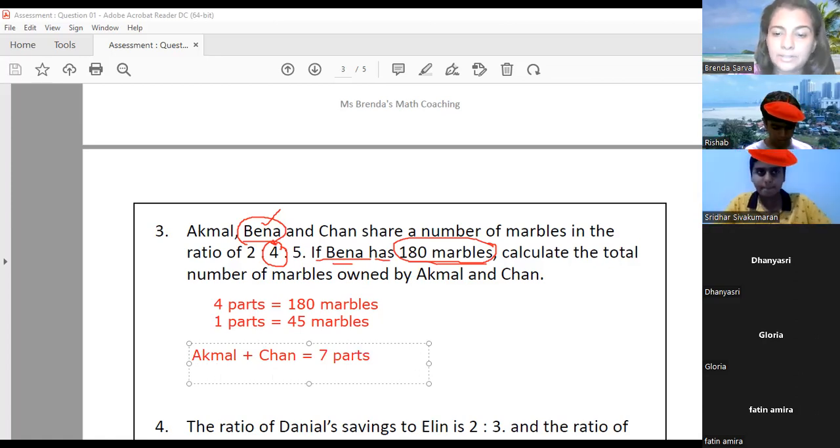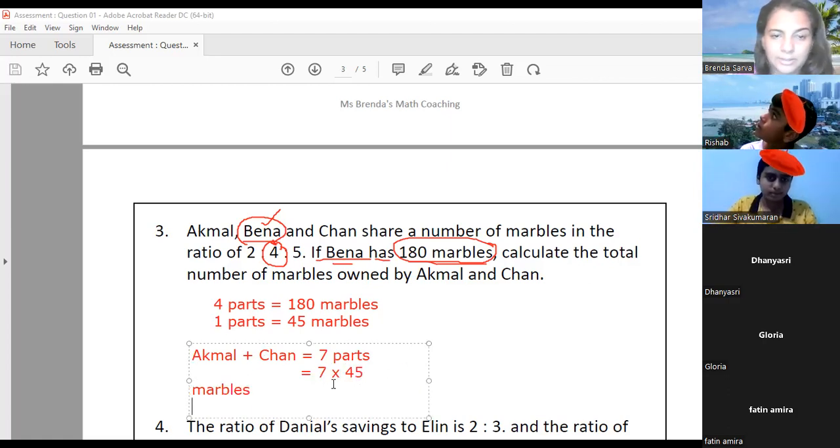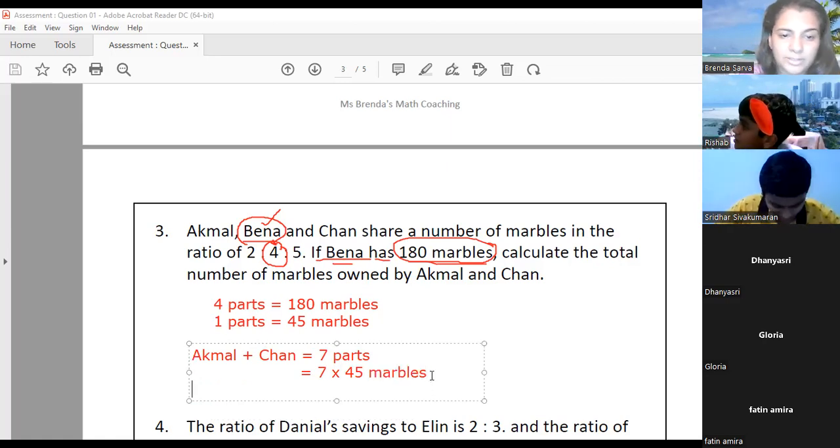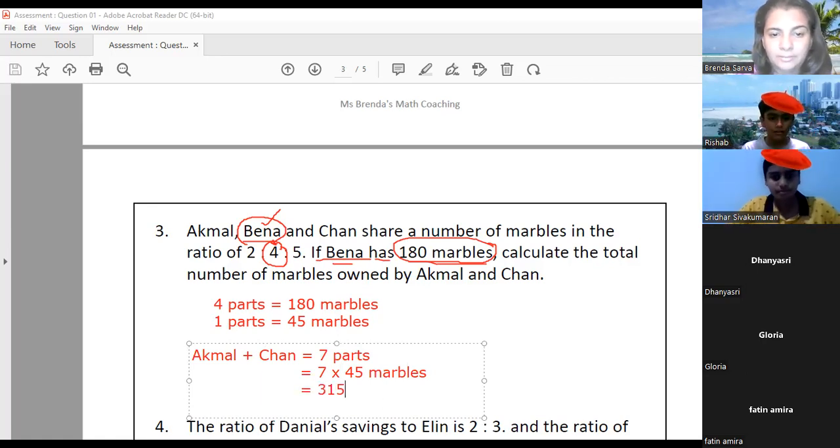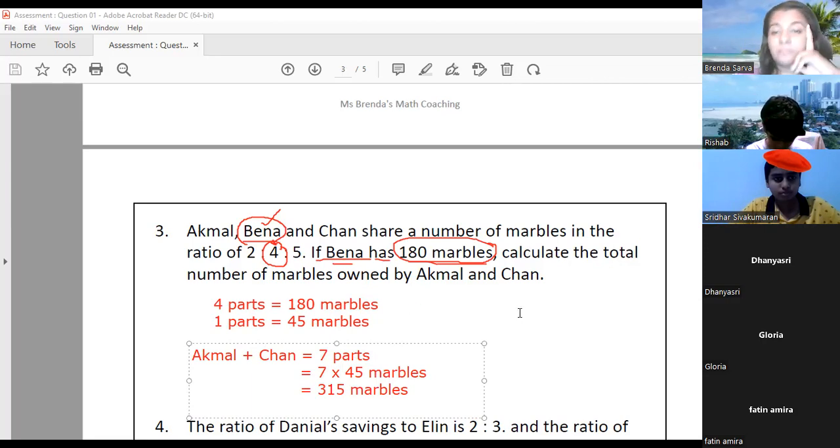What do we do now, guys? 45 times 7. 7 times 45 marbles. Take out your calculator and tell me what's your answer? 315. 315 marbles. Is this doable? Yes. Doable. Okay. This is word problems. Not too bad.